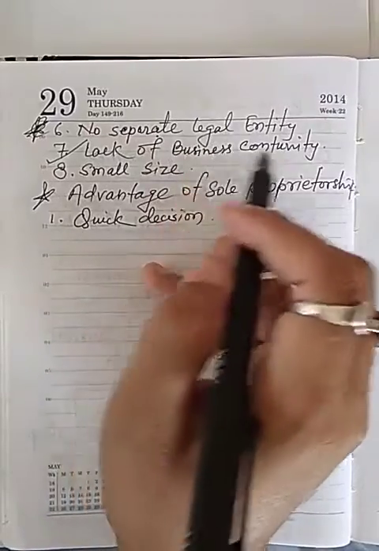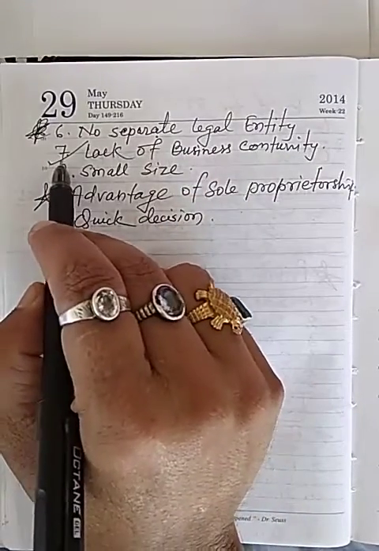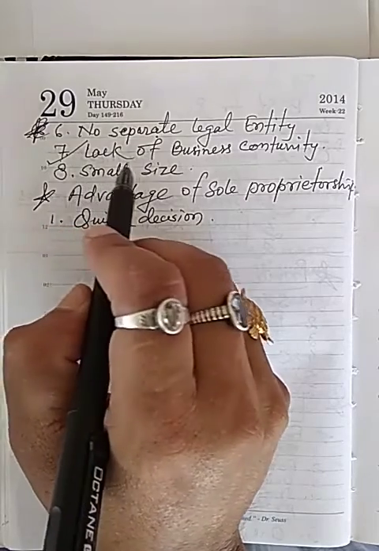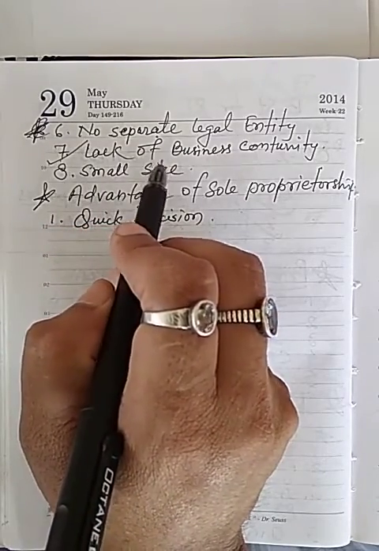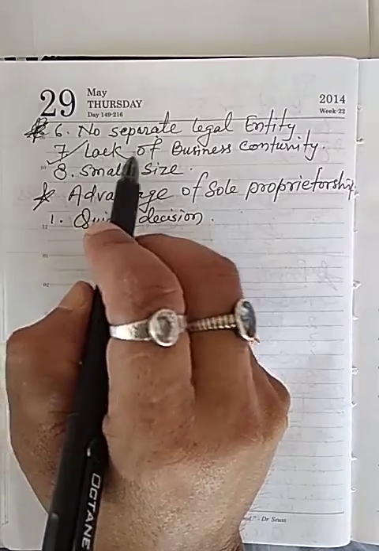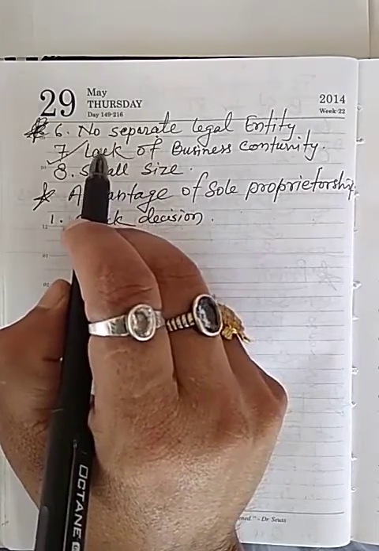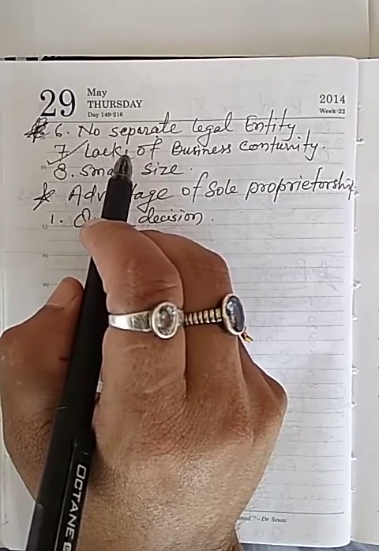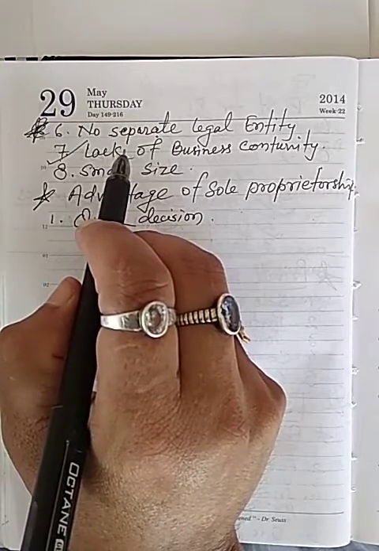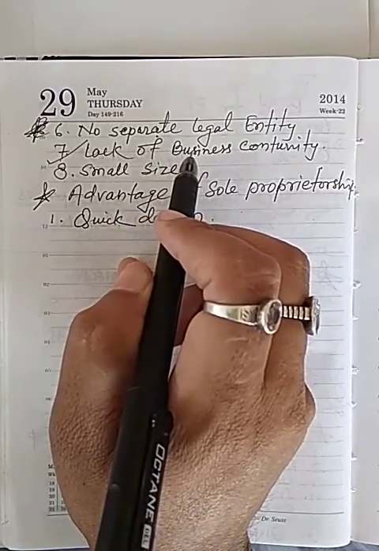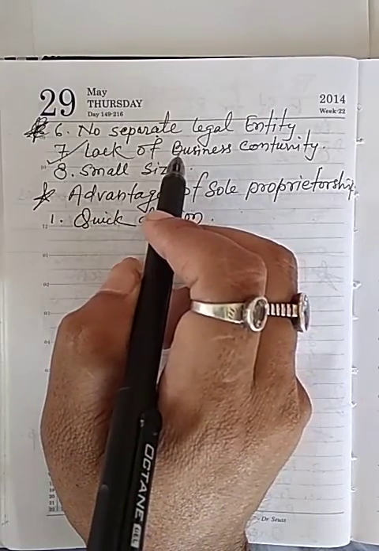Point 7. Lack of business continuity. Since business and owner are one, death, insolvency, incapacity, etc. will have a direct effect on the business.